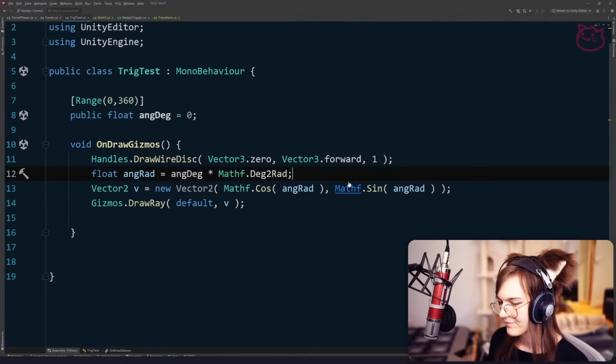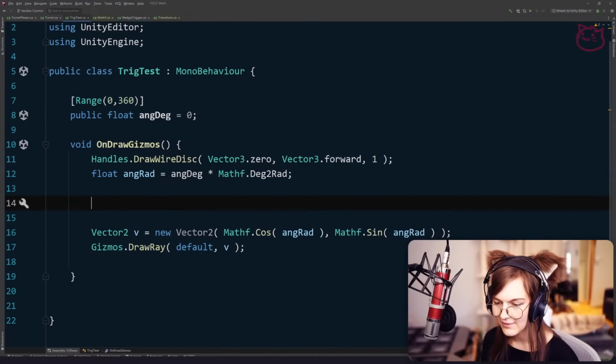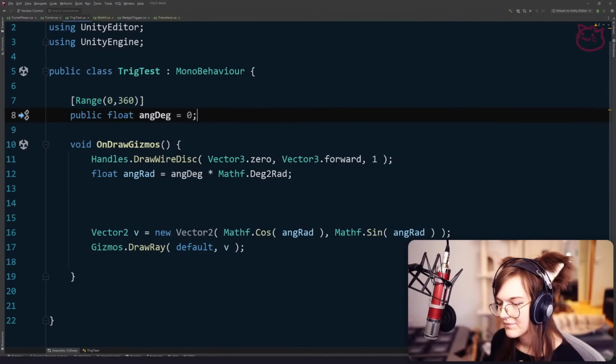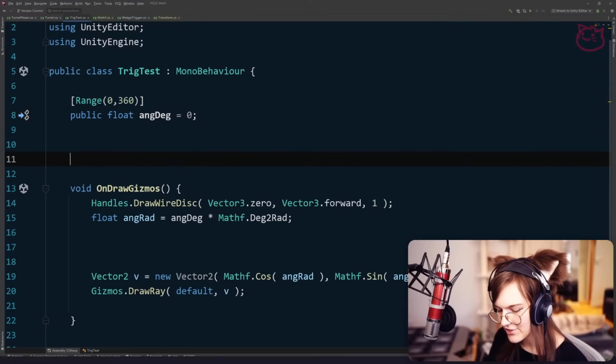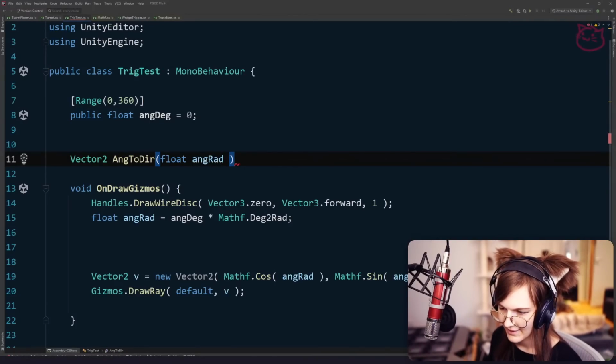So I think by far the most classic use case, for me at least, for the cosine and the sine function is just to convert from an angle to a vector. In fact, I usually use a helper function that does exactly this. I usually make a function called angle to direction. Then I pass an angle in radians.